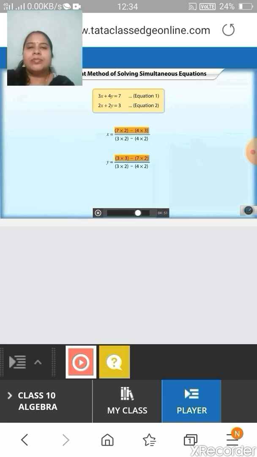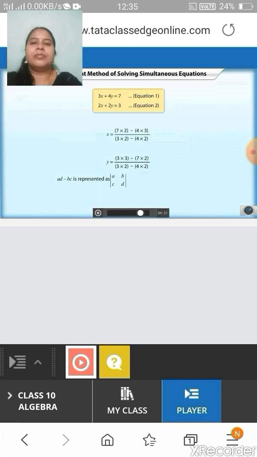Notice the terms in the numerator and the denominator. These terms can be written in a general form as shown. Such a representation of numbers is called a determinant of order 2.